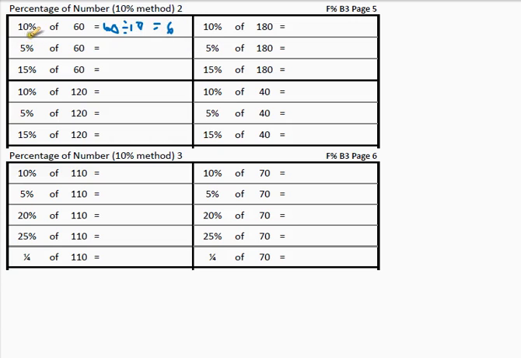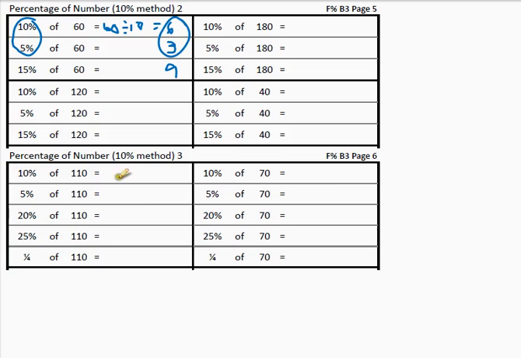Now what is 5%? 5% is half of 10%, so we need half of 6, which is 3. 15%. 15% is 10 plus 5. So we need 6 plus 3, which gives us 9. Okay, pause the video and you try the rest.